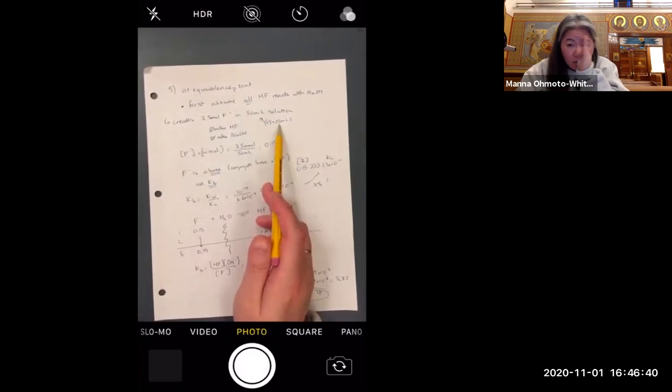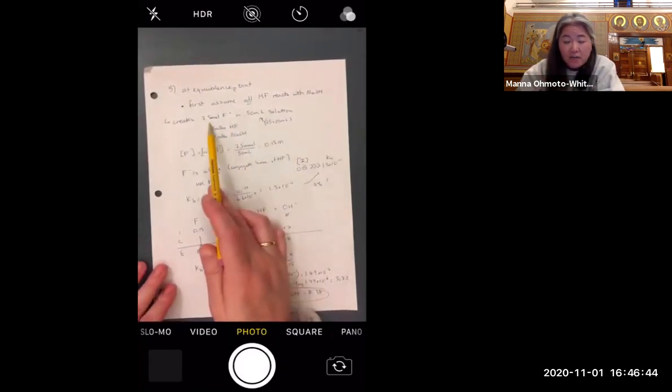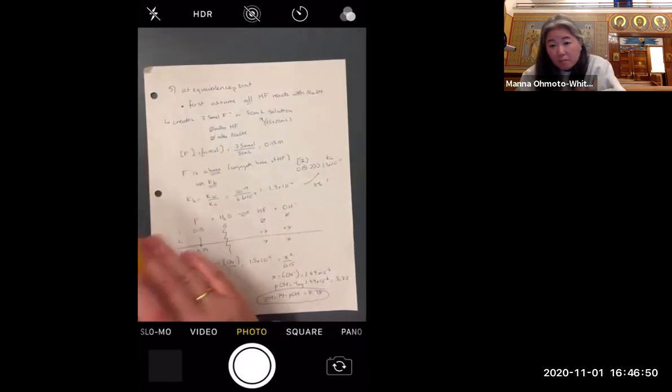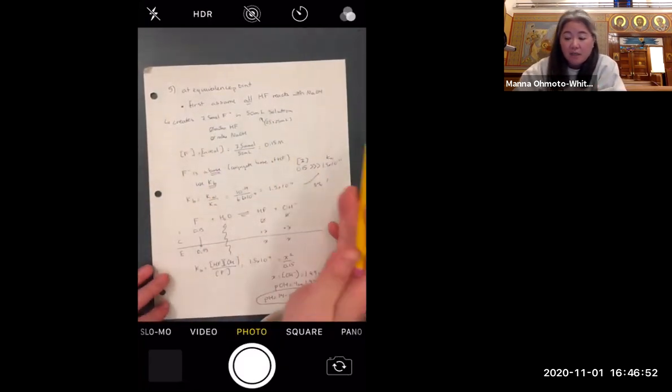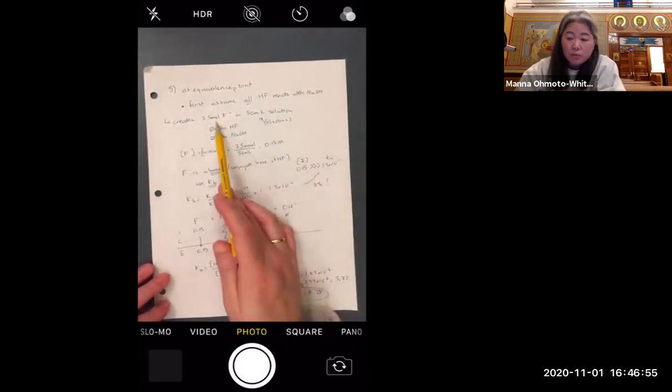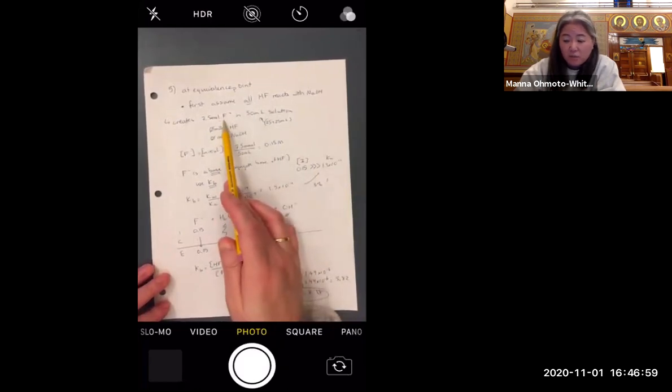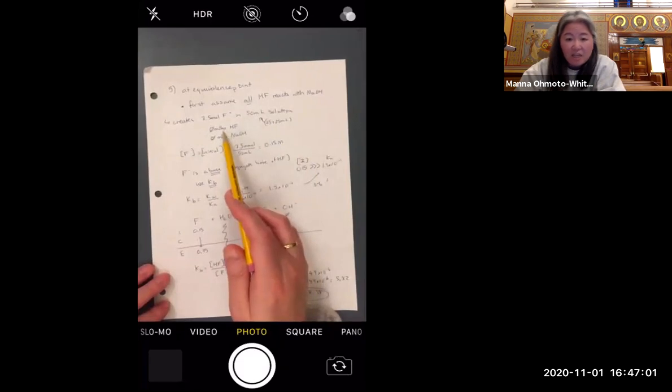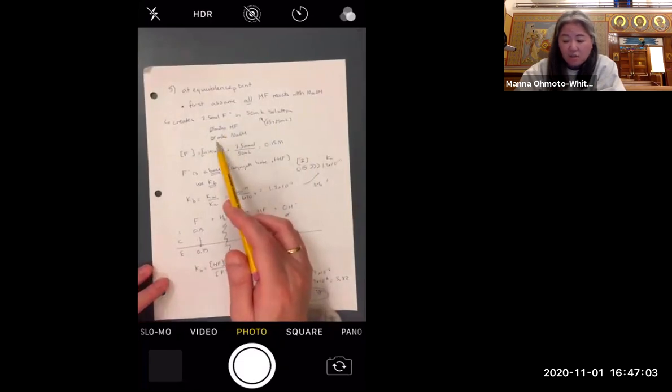Remember, equal moles because of my balanced equation. If I started out with 7.5 millimoles of HA, then I'm going to convert that completely into my conjugate base, which will be 7.5 millimoles of fluoride ions. So at the end, I have 7.5 millimoles of fluoride ions, nothing of HF, nothing of sodium hydroxide.